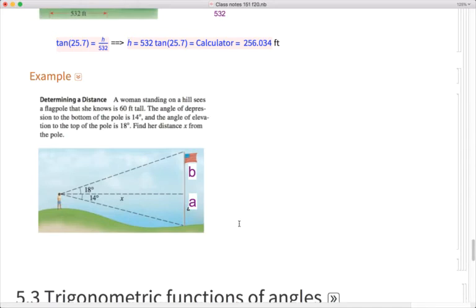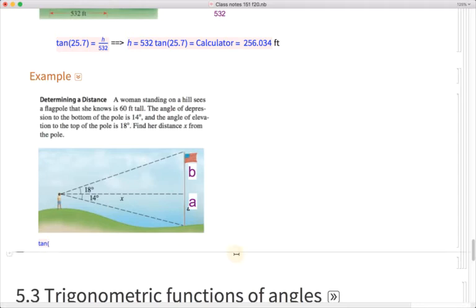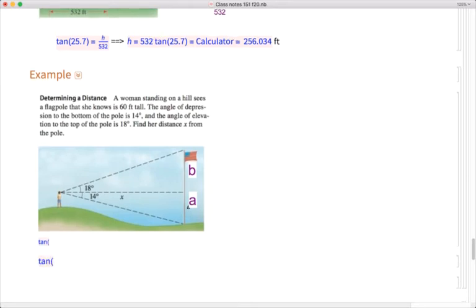Okay, so for the top, why does that look so small? It looks too small. That's better. Tangent of 18 degrees.